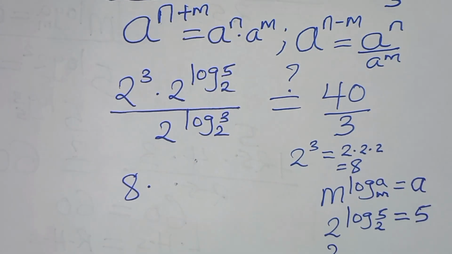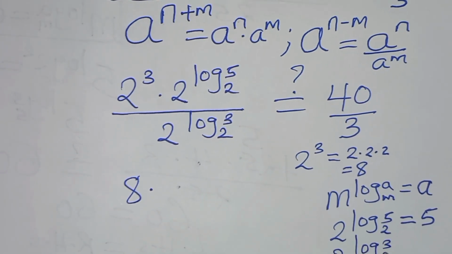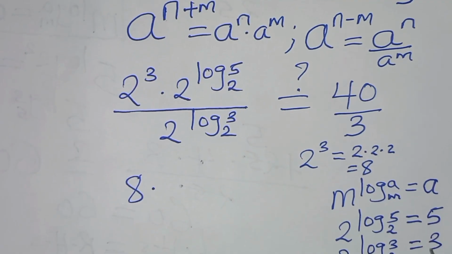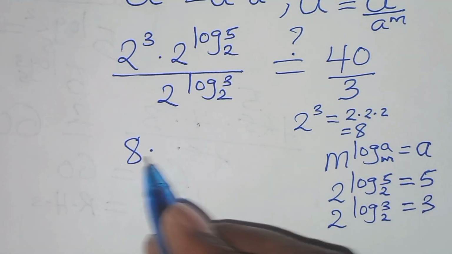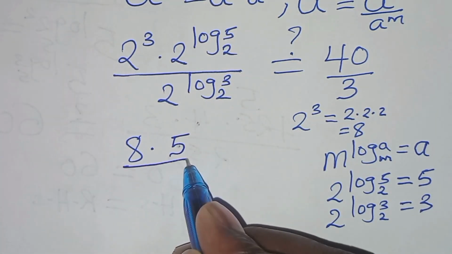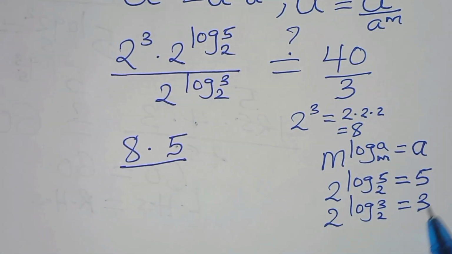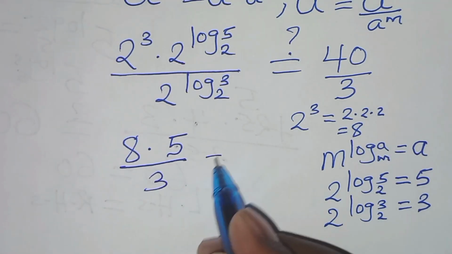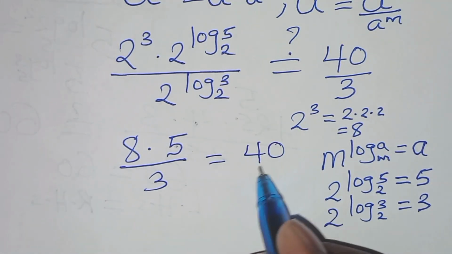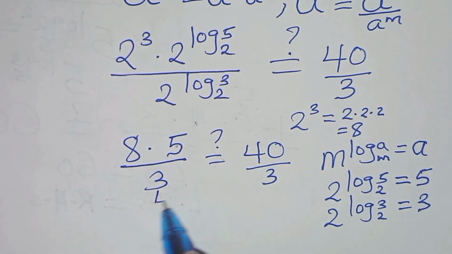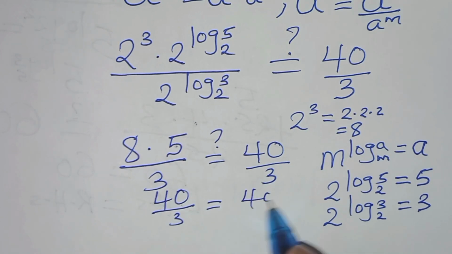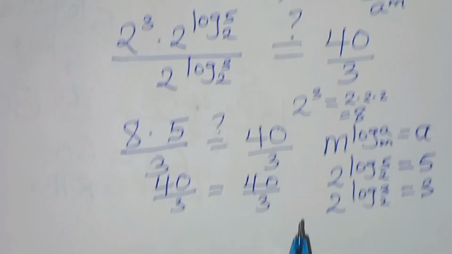And 2 to power log 3 to base 2 will give us a value of 3. Substituting these values, we'll have 8 times 5 divided by 3. This is supposed to give us a value of 40 over 3. So 8 times 5 is 40, so 40 over 3 is equal to 40 over 3.